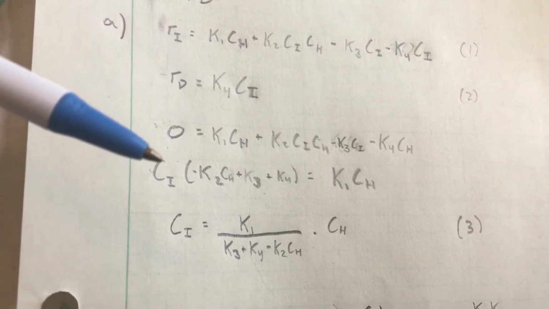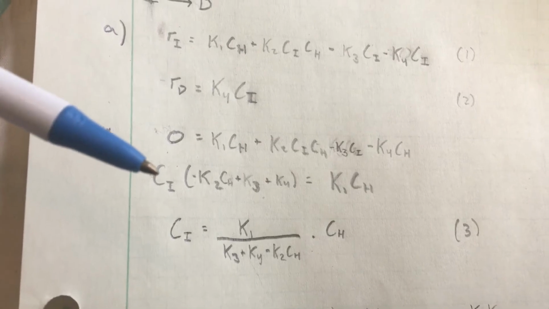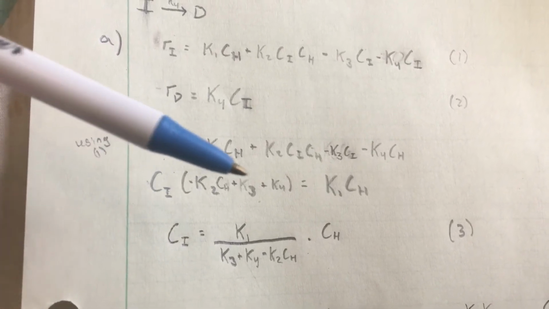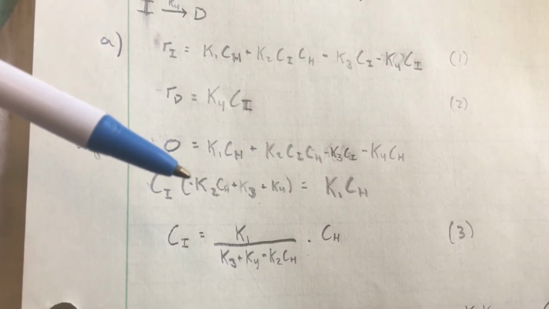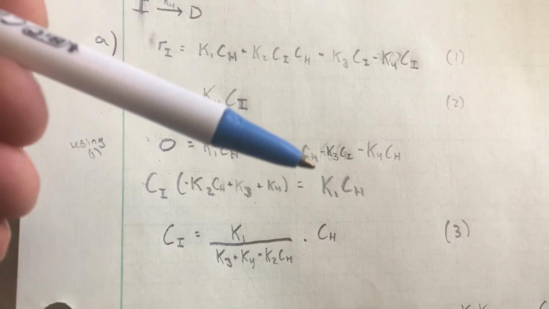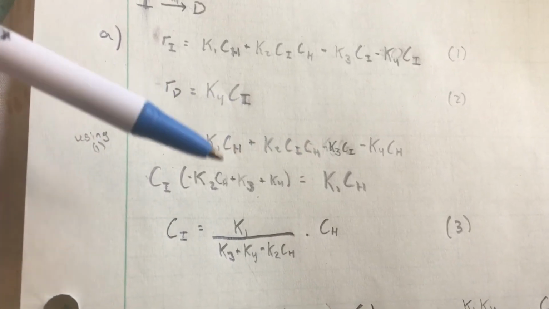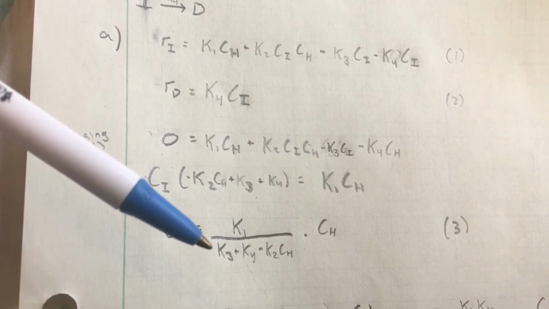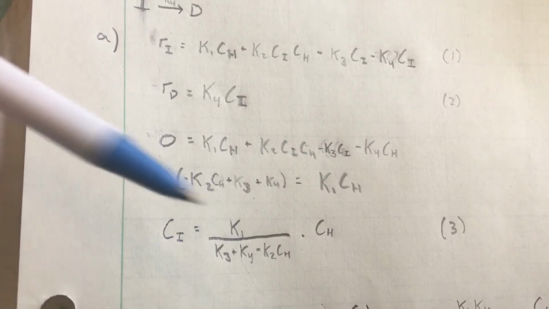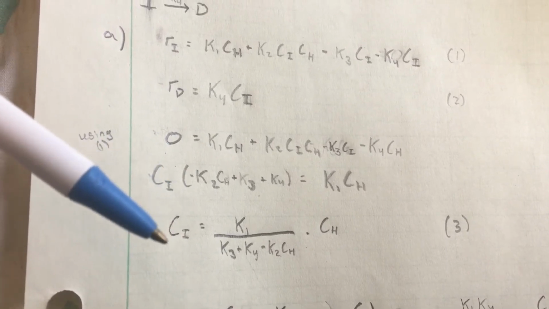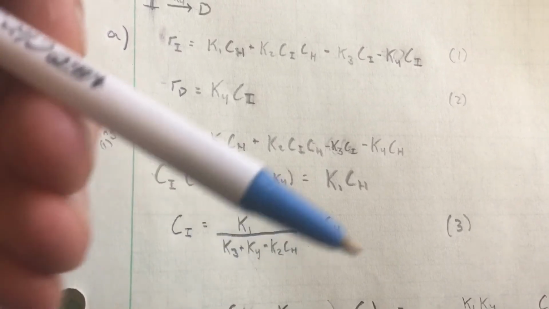So that's going to leave us on one side with the concentration of ill people times the quantity here of negative K2, concentration of healthy, plus K3, plus K4, and all that's going to equal K1CH. In our next term, I rearranged, make it a little bit better with the positive terms out front, negative term in the back. But in essence, we just divided that away on both sides, so we get this CI is equal to this nice piece right here.